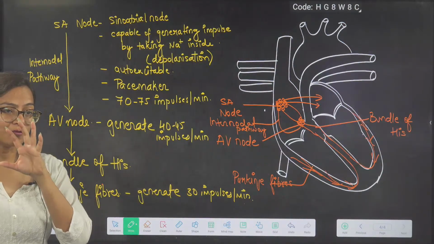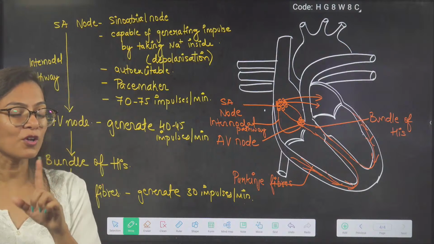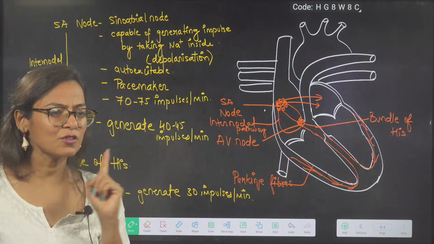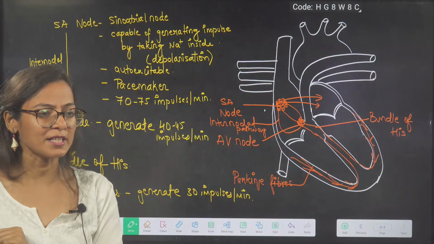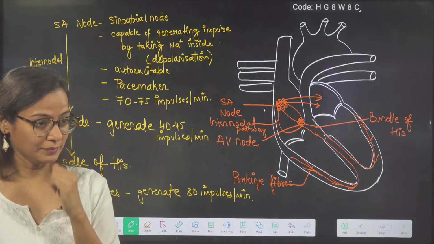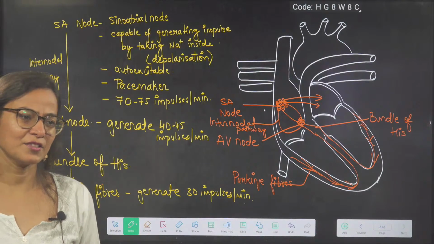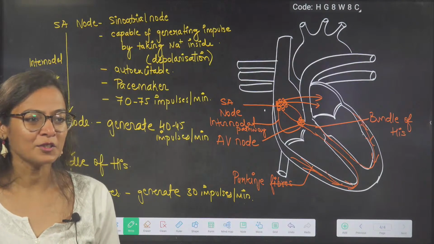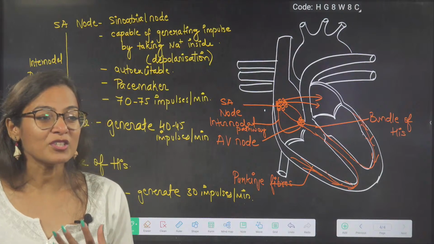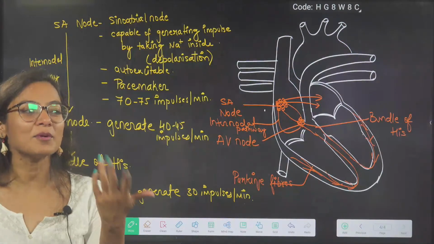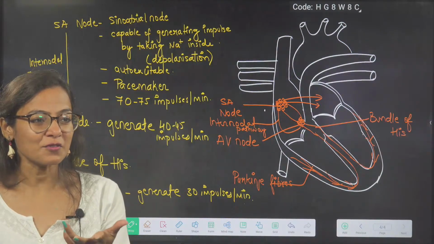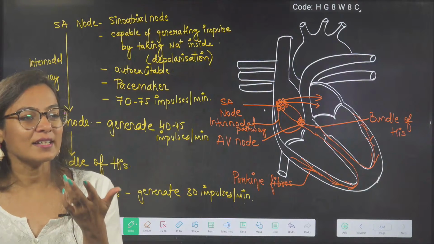But the full heart, it is following whose instruction? SA node, AV node, or Purkinje fiber? Tell me. Yes, very good. Why? Because they are generating more number of impulses. So the answer for this question is the SA node.